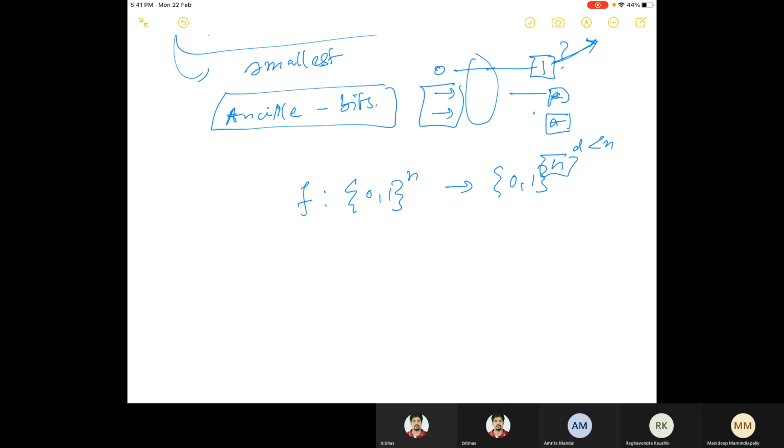So I can always assume that those are ad hoc bits I added. So now f from {0,1}^n to {0,1}^n. What if it is universal? Then some unitary matrix probably can play a role here, because there are n bits.